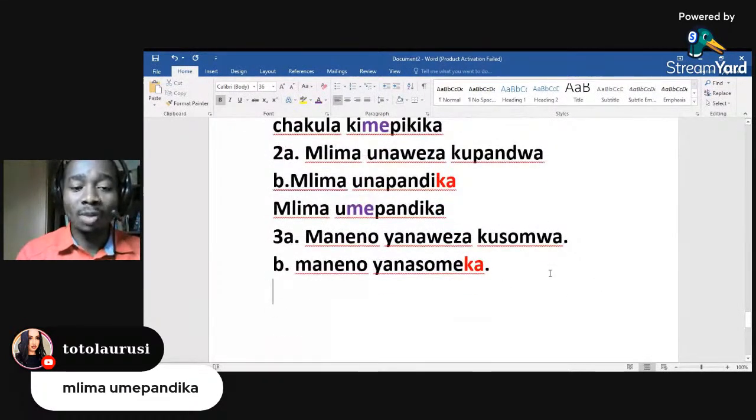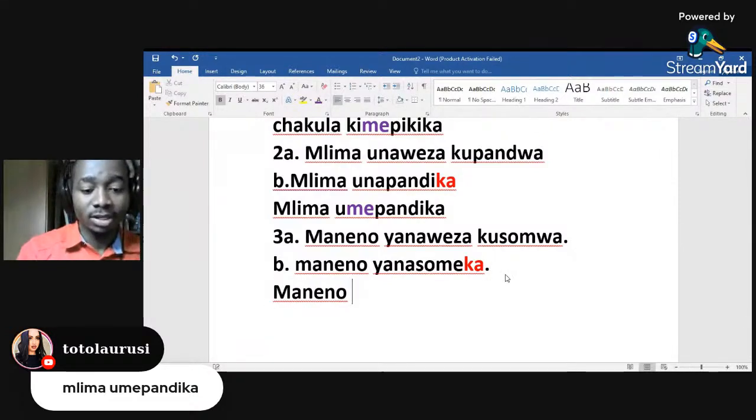Maneno yanaweza kusomwa, maneno yanasomeka, maneno ya dash. How do we say? Which one do we use? Andika kwenye sehemu ya maandishi. Let's see. Maneno yanasomeka, the words are readable. So we want to say the words had been read well.